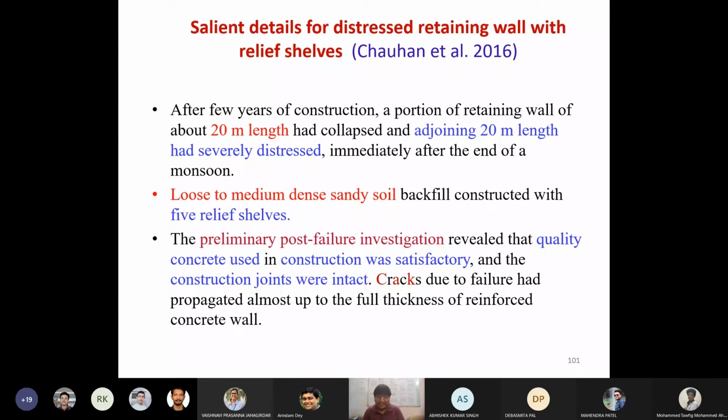I cannot take his name here, but from his report we noted that the quality of concrete used in the construction was satisfactory, and the construction joints were intact. The crack due to the failure had propagated almost through the full thickness of the reinforced concrete wall. So because the quality of construction was okay and everything was okay, the important consideration is whether the design was done appropriately or not.